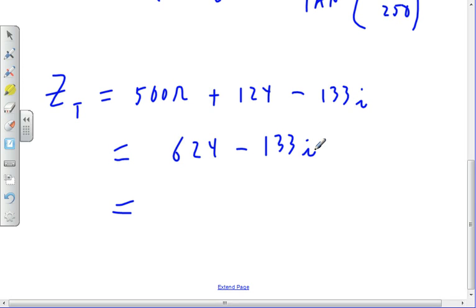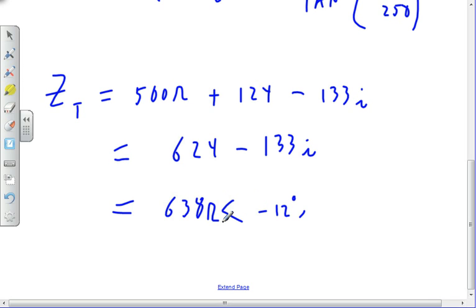Boom. All right, so I've got 638 angle minus 12. This is degrees, that's ohms.